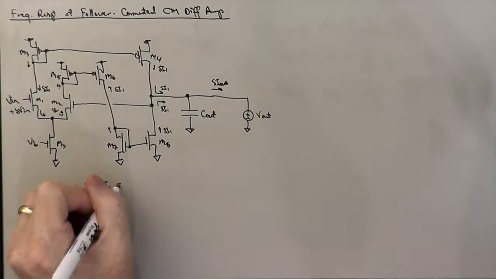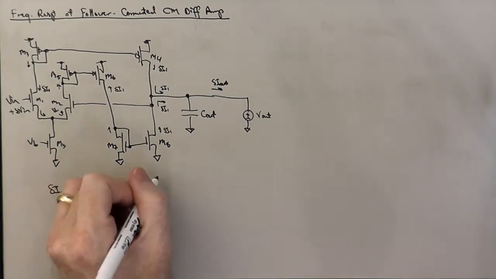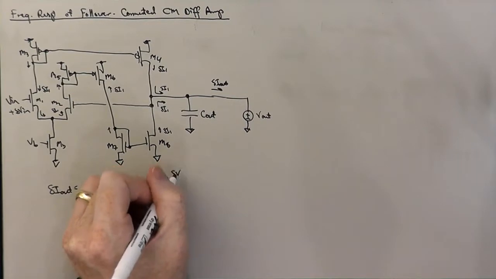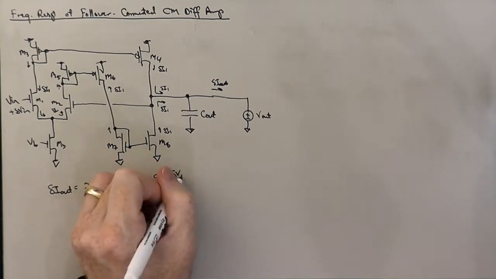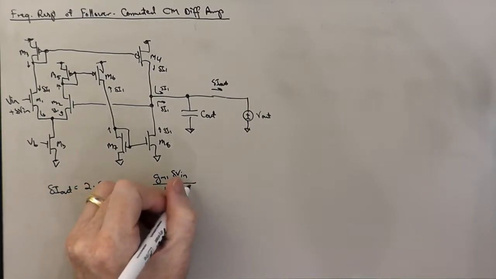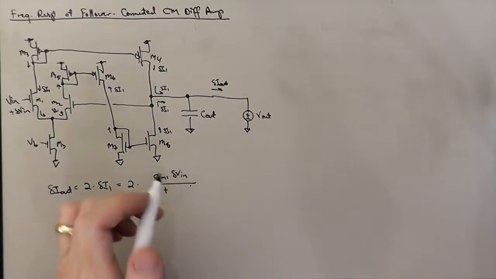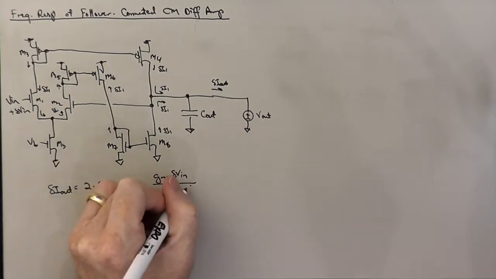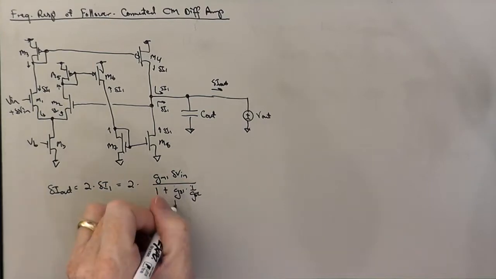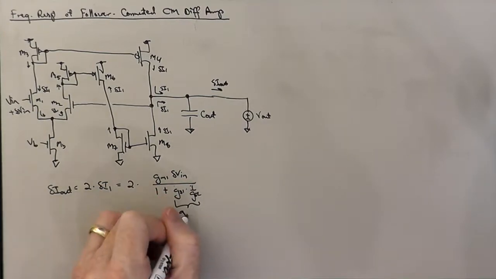And just like it was last time, that's going to be GM1 times delta V in divided by 1 plus 1 over GS1 times, GS1 times 1 over GS2. But in this balance condition, GS1 equals GS2.